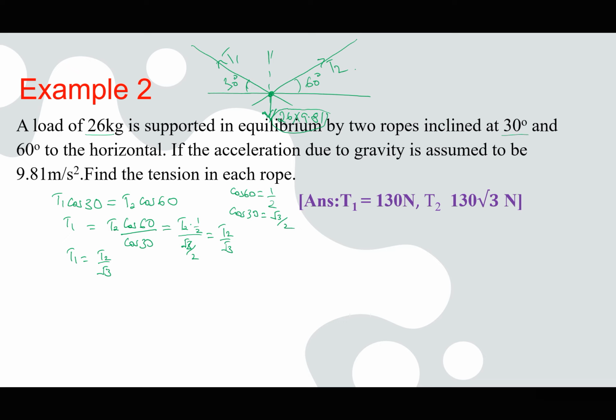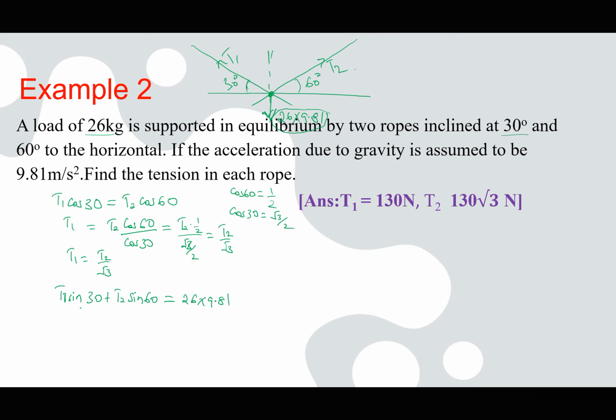Okay. Then we can consider the vertical. Resolving vertically, we have T1 sine 30 plus T2 sine 60 should be equal to the weight downwards, which is equal to 26 times 9.81.